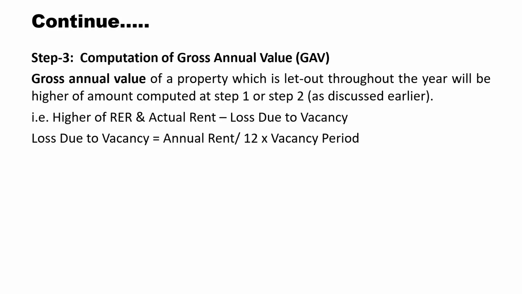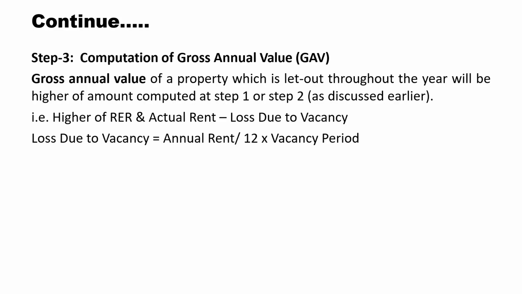Now what is loss due to vacancy? Loss due to vacancy means what? Suppose the property remains vacant during the previous year for a particular period, that period is called the loss due to vacancy.